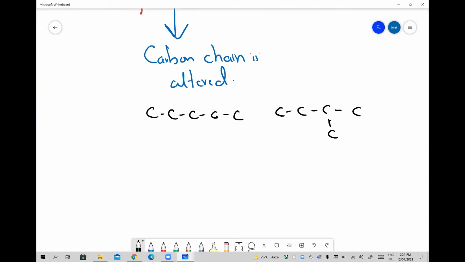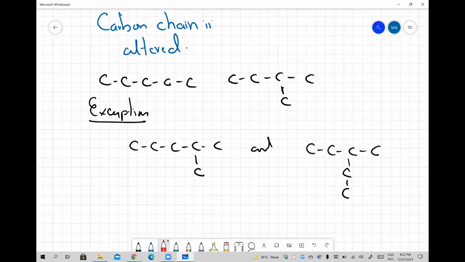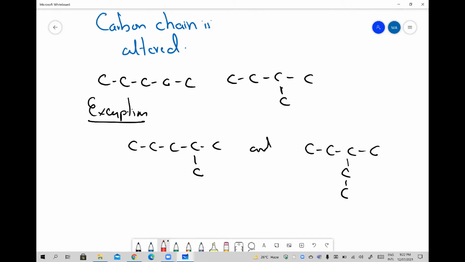But if we look at an exception here, if you look at these two compounds, in the first compound, the main chain is 1, 2, 3, 4, 5.